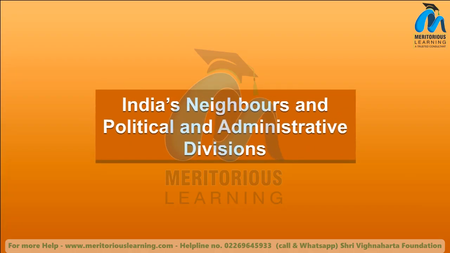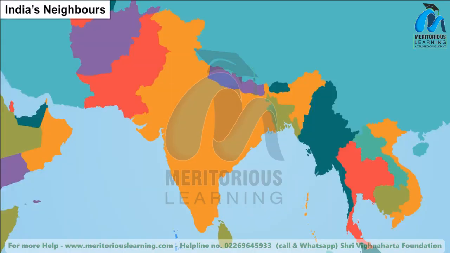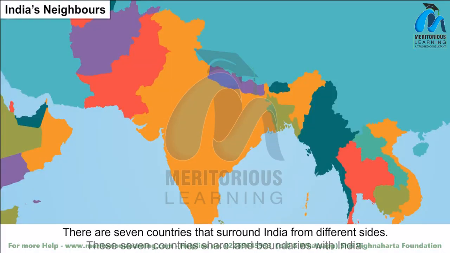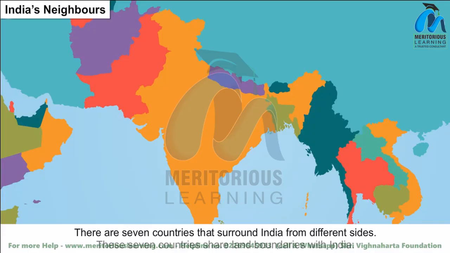India's neighbours and political and administrative divisions. India's neighbours. There are 7 countries that surround India from different sides. These 7 countries share land boundaries with India.